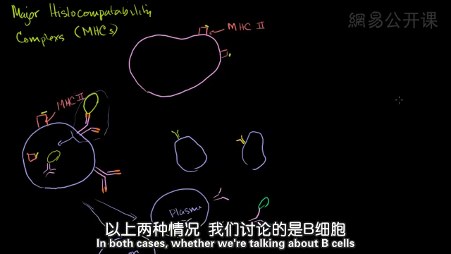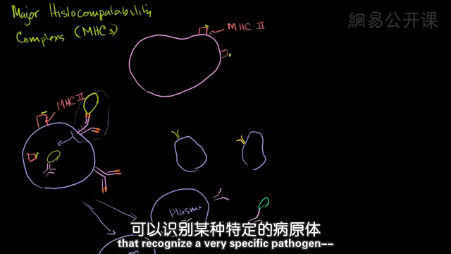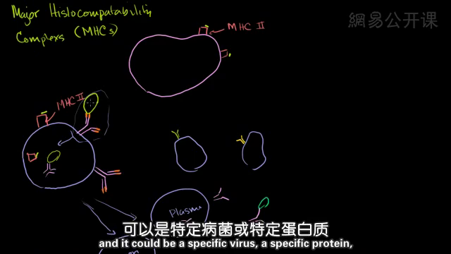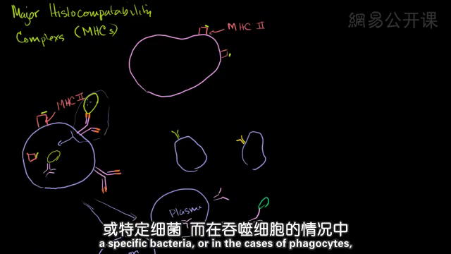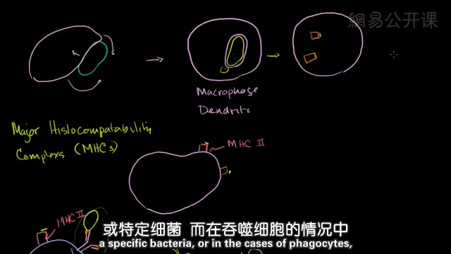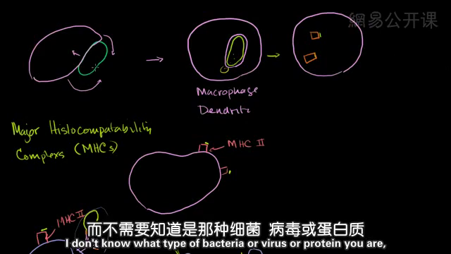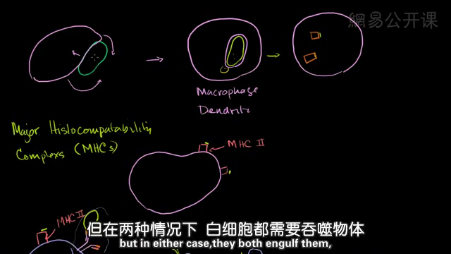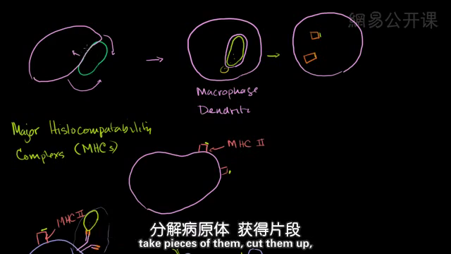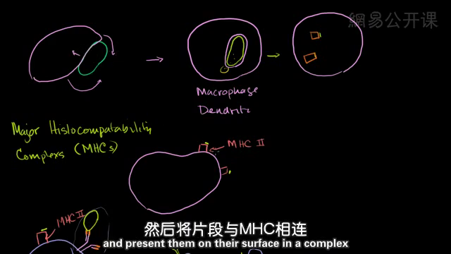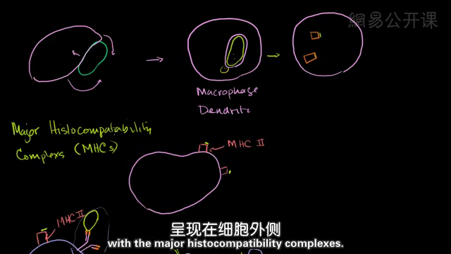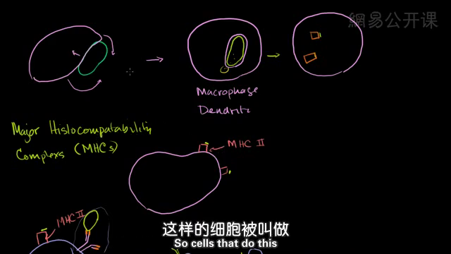So in both cases, whether we're talking about B cells that recognize a very specific pathogen, a specific virus, a specific protein, a specific bacteria, or phagocytes that just say, oh, you look shady, let me take you in, I don't know what type of bacteria, virus, or protein you are, in either case they engulf them, take pieces of them, cut them up, and present them on their surface in a complex with the major histocompatibility complexes.